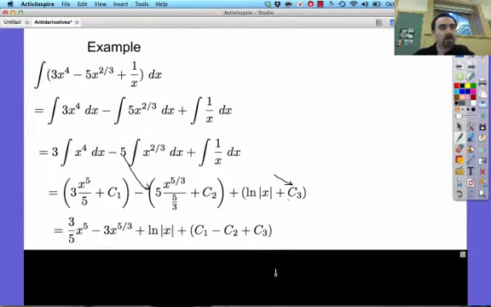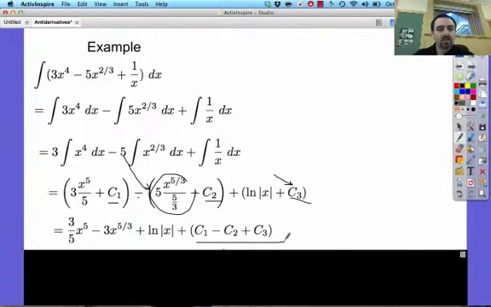Okay, all right, finally, we've got our solution here. 3/5 x to the fifth, I'm just simplifying here, minus this part here, which simplifies to 3x to the 5/3, and this part, which is ln of absolute value of x, and I have 3 arbitrary constants, c1 minus c2 plus c3.